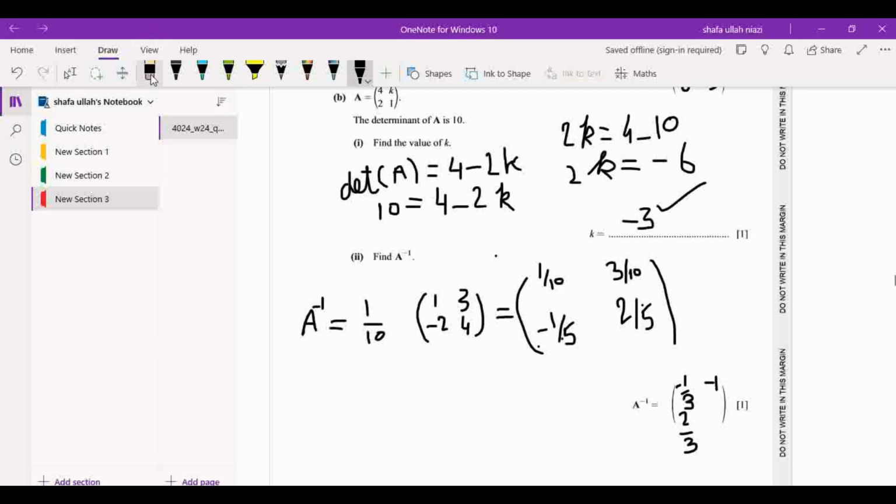So the entries to be written here are 1 over 10.